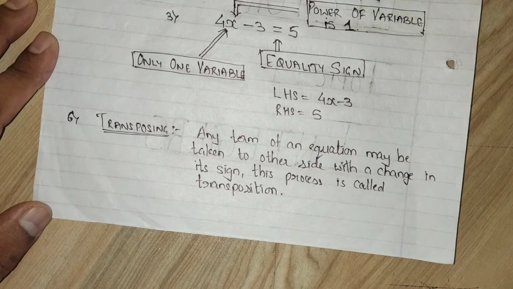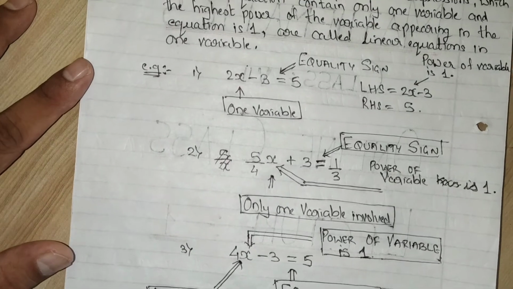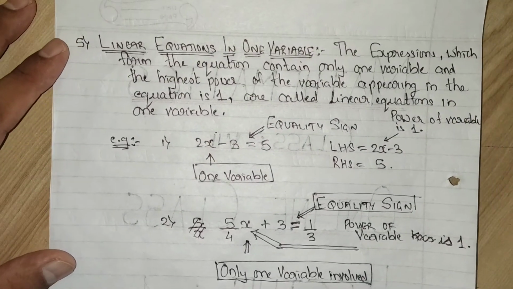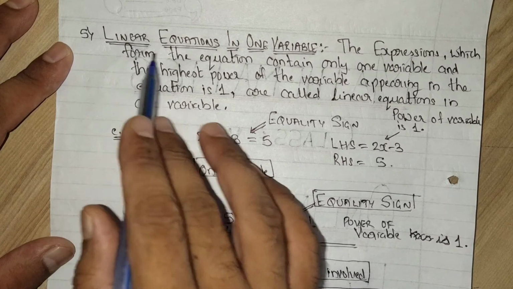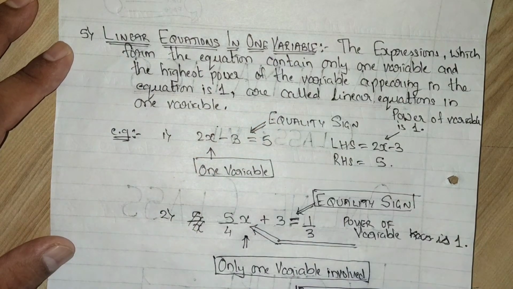Let us move to the next point, and from here onwards we are going to start with our 8th standard lecture. Now, linear equation in one variable, what does it mean?